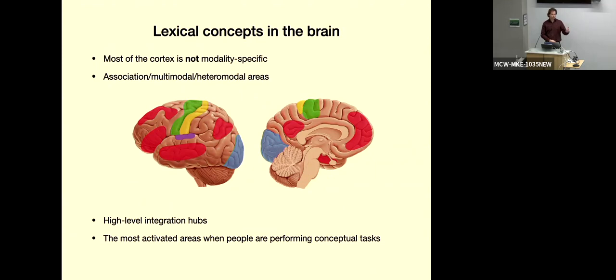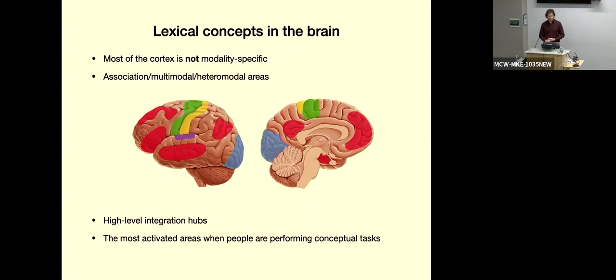So if you have someone do, say, a memory task or a perception decision task in the scanner, and you record their brain activity when they're doing the task and when they're resting between tasks, these areas become more active when the person is resting. And so this became known as the default mode of function in the brain, is how the brain naturally is when it's not doing some other task. So default mode network. That doesn't mean that we know anything about how they work. What we know is what they don't do.